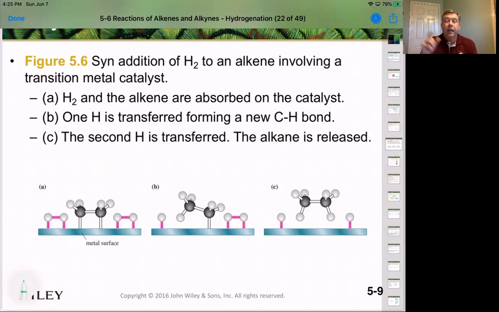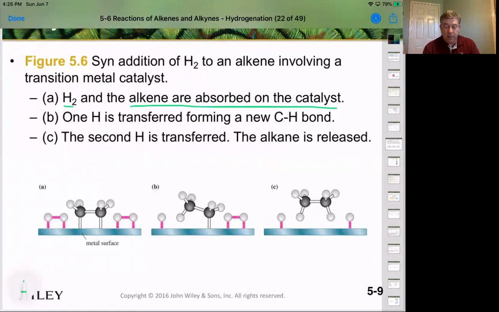And now our double bond has to float down to where this surface is. And since that whole side of that double bond is coming down to those hydrogens, that means that both of those hydrogens are going to add on that same side because they're all attached to the metal at the same thing. So we can look at the hydrogen and the alkene both adsorbed on the surface of that.